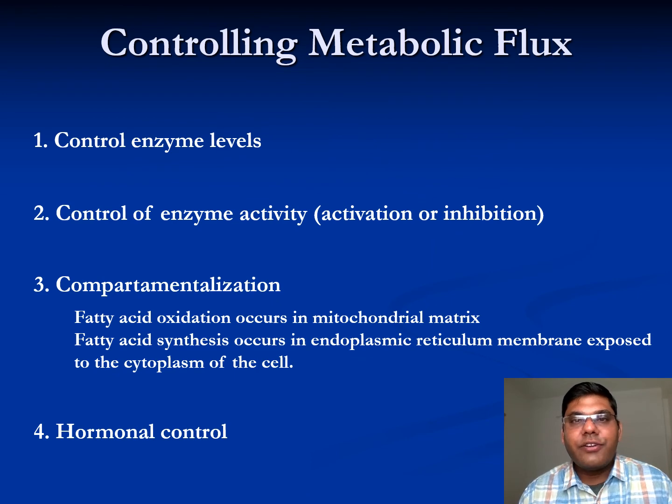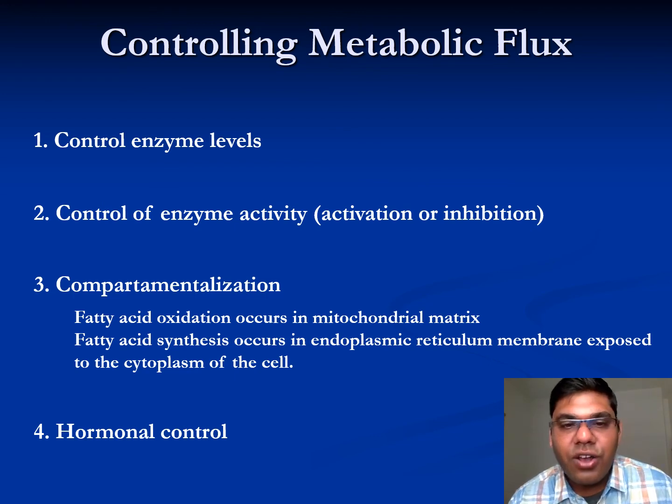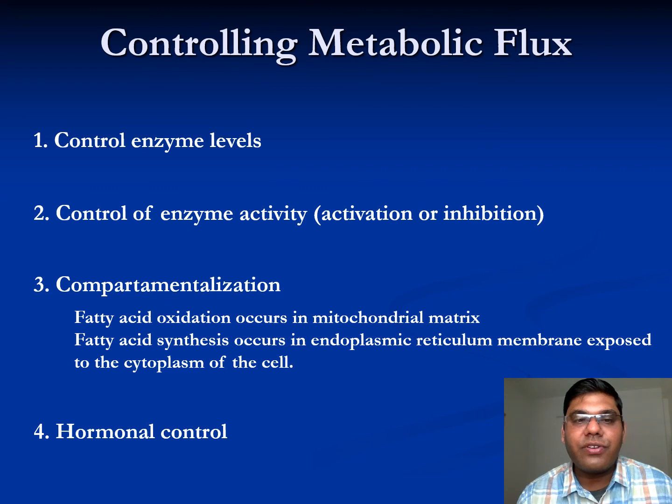So controlling the metabolic flux is by control of enzyme activity and compartmentalization. For example, fatty acid oxidation occurs in the mitochondrial matrix, and fatty acid synthesis occurs in the endoplasmic reticulum membrane exposed to the cytoplasm of the cell, and hormonal regulation such as by insulin, glucagon, epinephrine might take place.